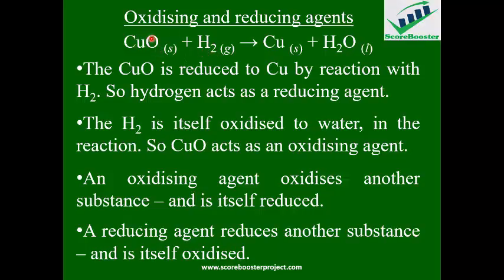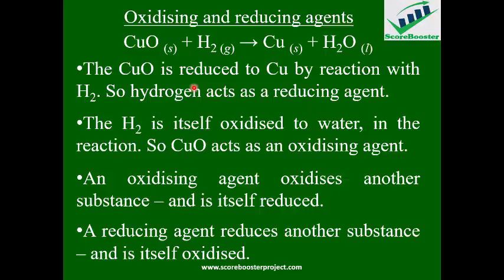So hydrogen has caused copper oxide to reduce. The name given to hydrogen that serves as agent to reduce copper oxide is called the reducing agent, because it is the substance that causes the copper oxide to be reduced.